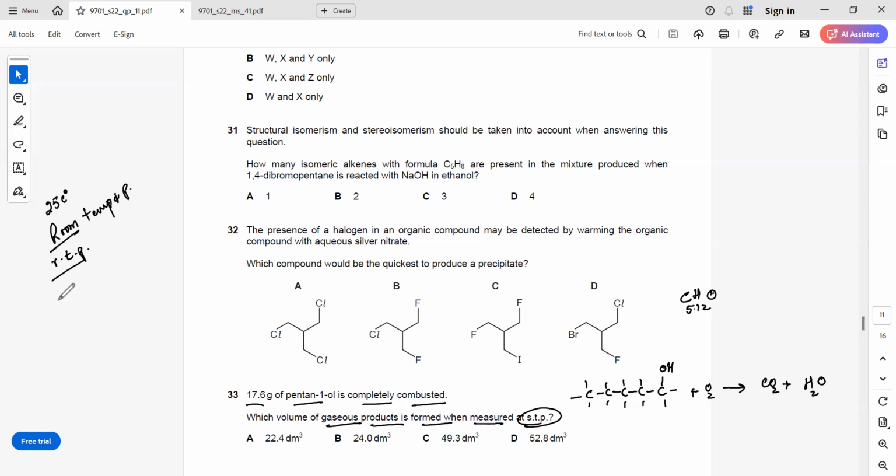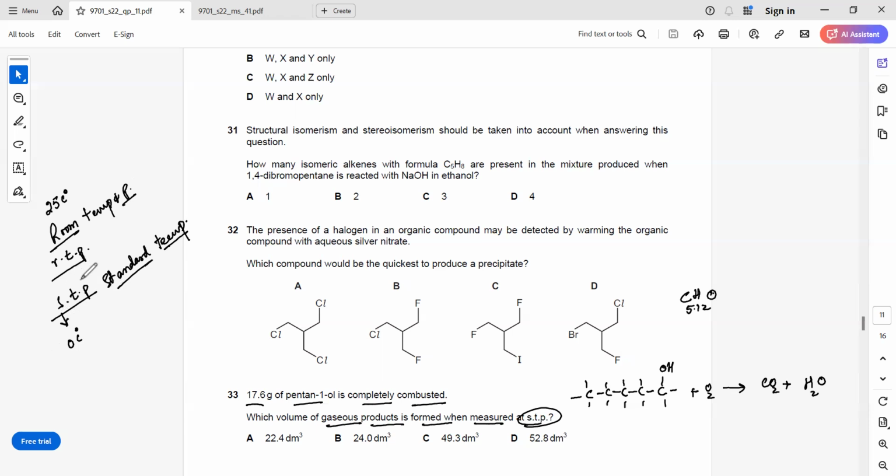But sometimes we use STP, that is standard temperature and pressure, right? And when we say standard temperature, that means 0 degrees Celsius, right? And the pressure, so you can see there is a difference in pressure.